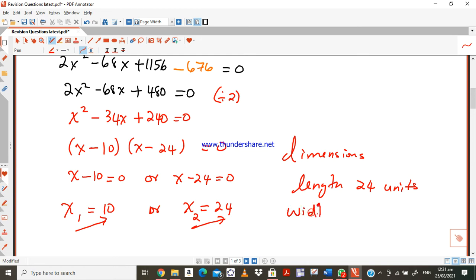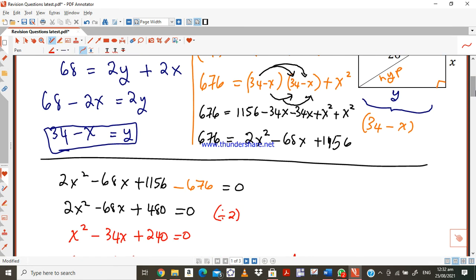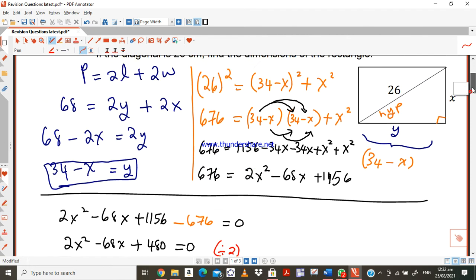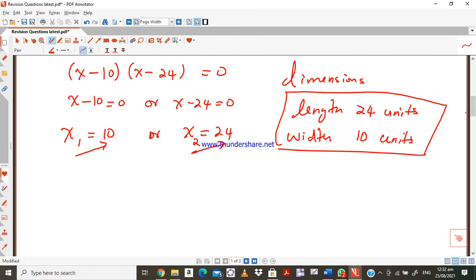And the width will be 10 units. Okay, so this is the solution to that particular question. So it becomes a quadratic equation, and hopefully you see where everything goes from that point onwards. Okay, so your answers therefore will be in centimeters.